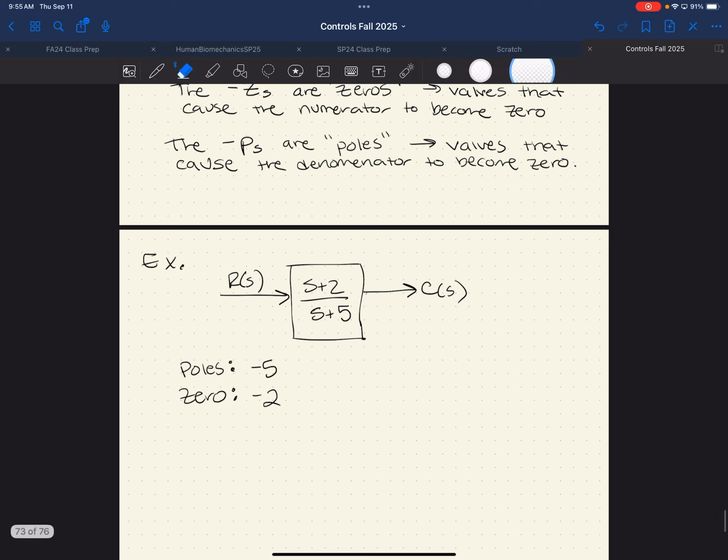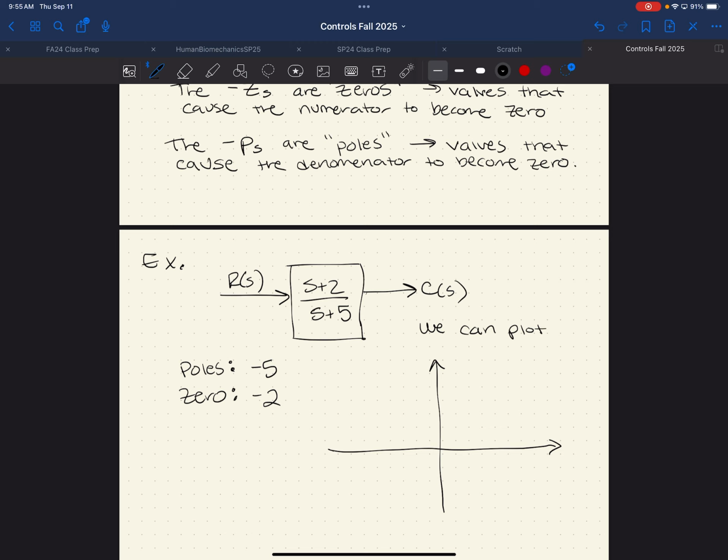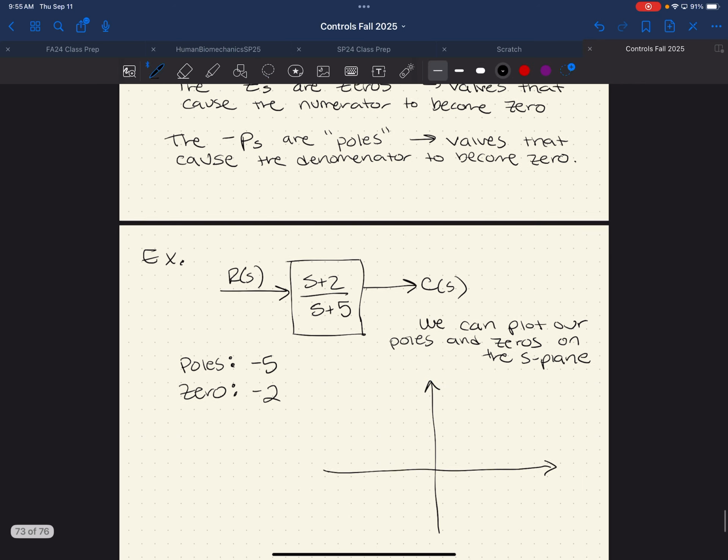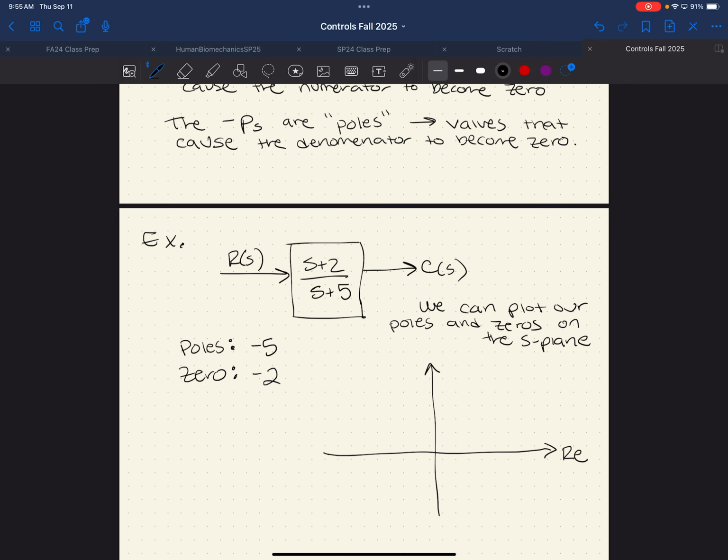So something that we often will do is to plot these poles and zeros on what we call the S-plane or the imaginary plane. So we can plot our poles and zeros on the S-plane, where our horizontal axis is going to be the real part. The vertical axis is the imaginary part.